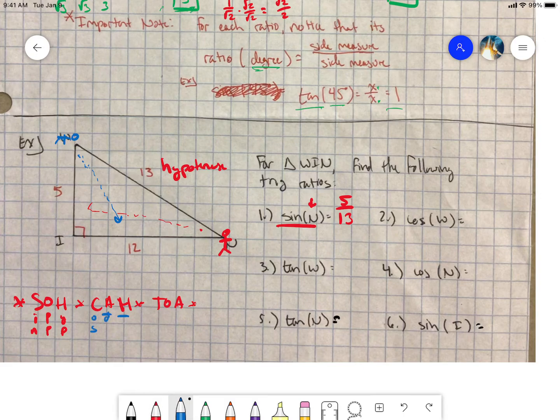Cosine is adjacent over hypotenuse. And tangent is opposite over adjacent. So if I'm standing at W, what is the adjacent side of W?